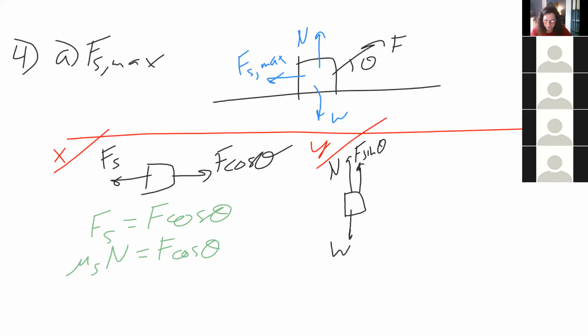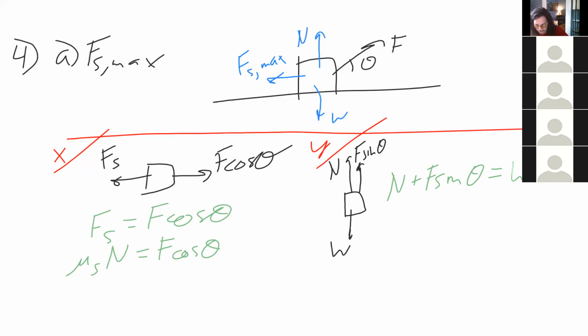Again, no acceleration here. Our normal force plus that component of our applied force have to be equal to the weight in order for all of those forces to cancel out. So we can write N plus F sine theta is equal to the weight, or you can do the summation of the forces in the y direction and solve that way.